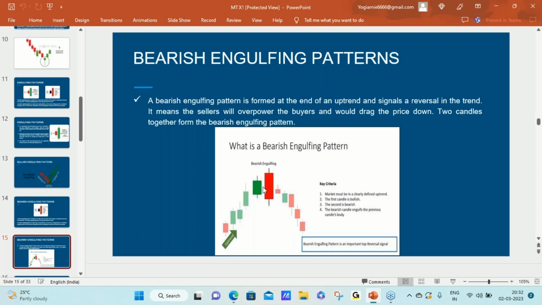So third point, please write the same prerequisites that you have written down for inverted hammer. Preceding uptrend, location of the candles should be at the top of the uptrend, and the shape should look like proper bearish engulfing, as you can see in this picture, where there is a preceding uptrend, and the location of candlestick is at the top of the uptrend, right? Yes or no? In this picture, you have everything properly mentioned.